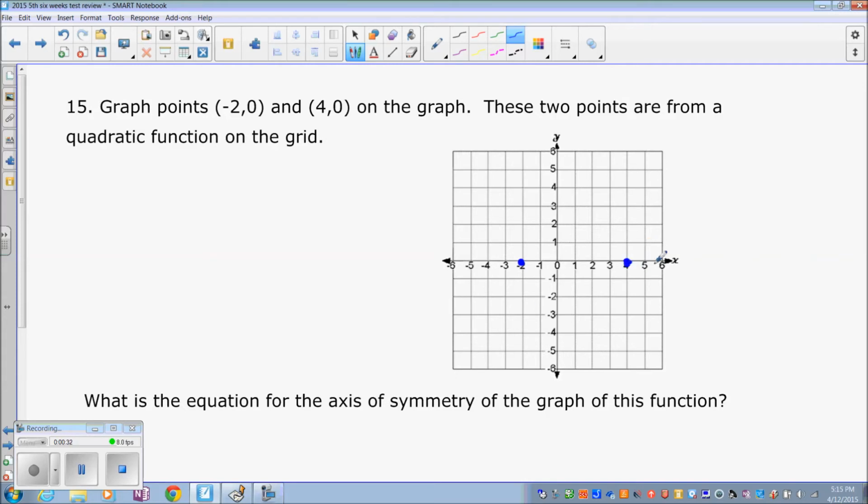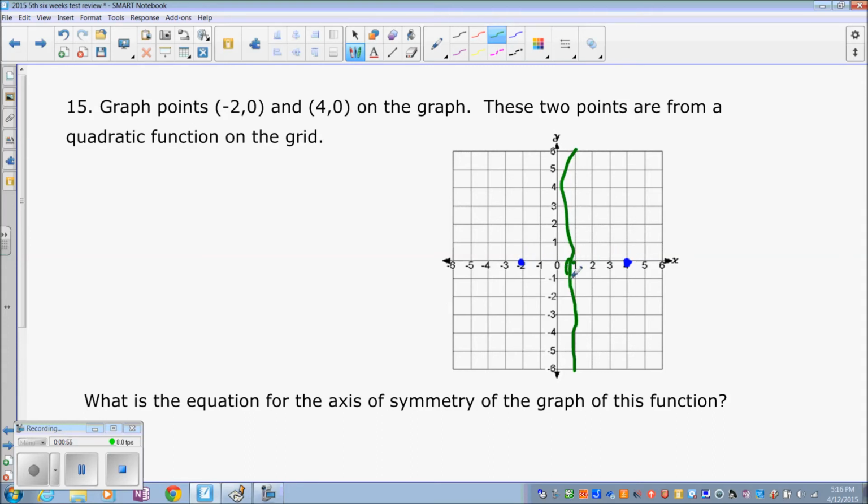So now we got to figure out where the axis of symmetry would be that splits these 2 points exactly in half. So to me it looks like exactly in half would be at the 1. Whoops, that is way sloppy, because if I go 1, 2, 3, I'm at this point, and then if I go 1, 2, 3, I'm at this point.